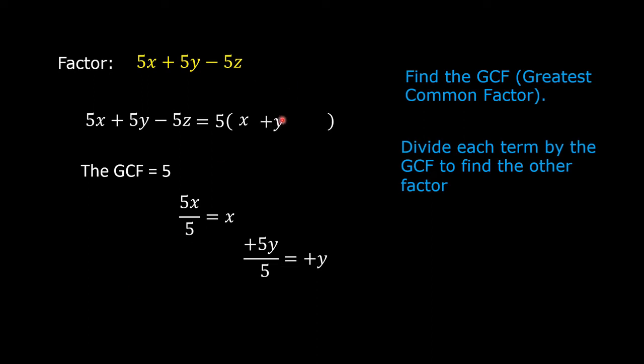We write positive y here. And then negative 5z divided by 5 is negative z. We write negative z here. So the answer is 5 times the quantity x plus y minus z.